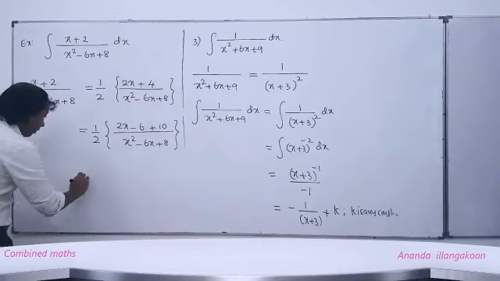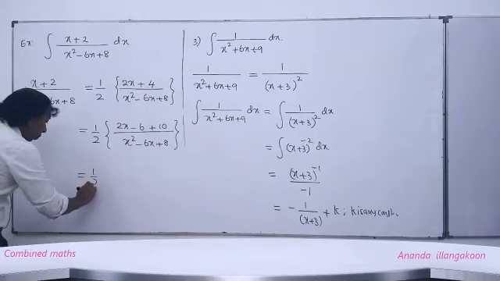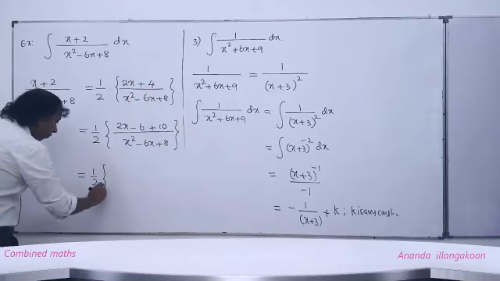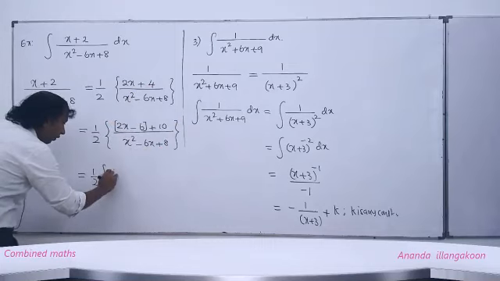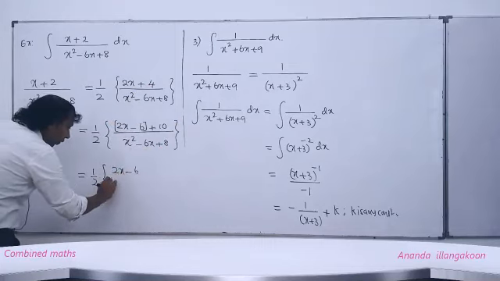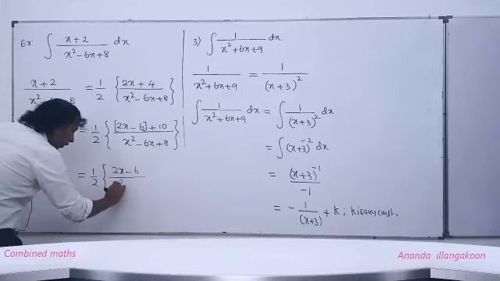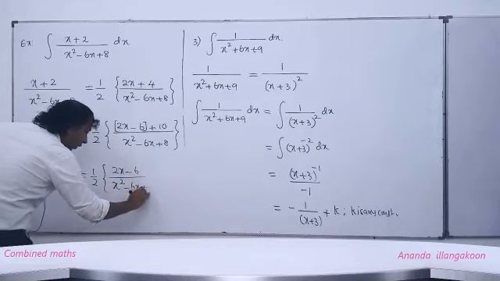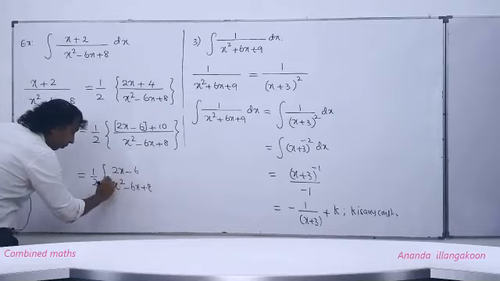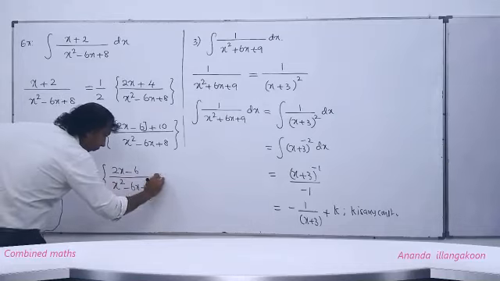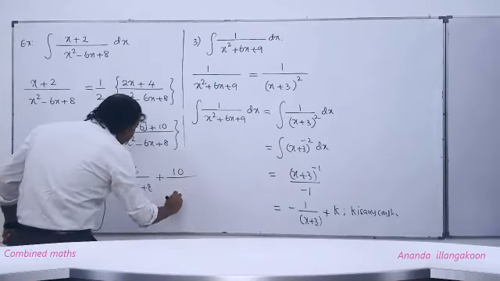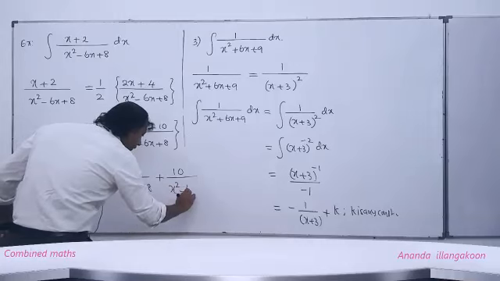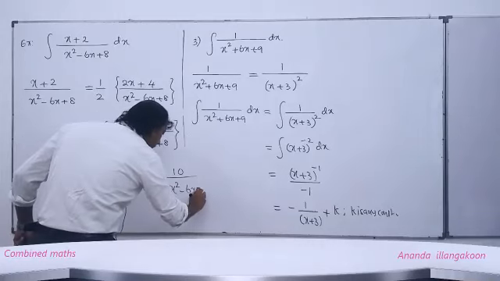Now this one we break up into 2. The half we keep like this. We divide this part by the denominator: 2x minus 6 divided by x squared minus 6x plus 8. And 10 divided by x squared minus 6x plus 8.